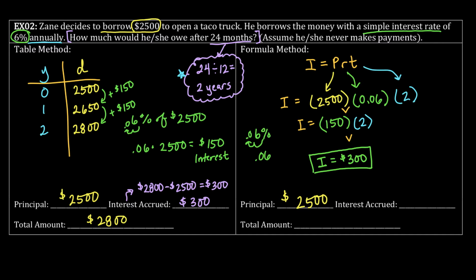The amount of interest accrued was $300. So the total amount that he ended up owing was this plus this, $2,800. Which should match up over here. Yeah, and it does right there.